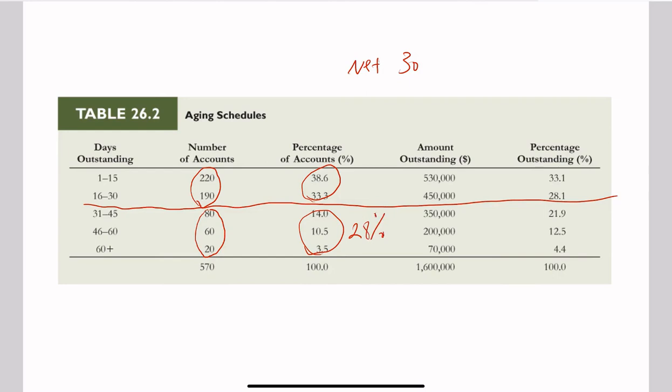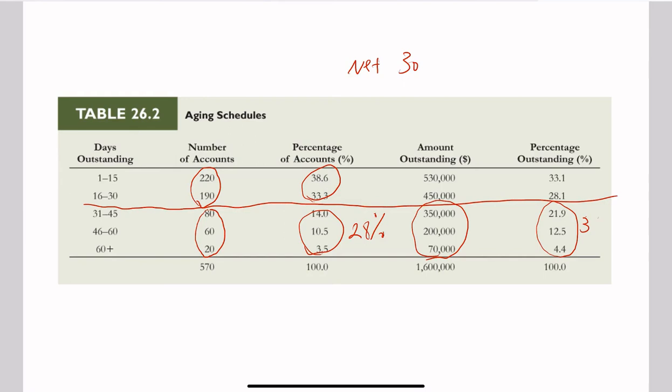And maybe more importantly, you want to look at the amount. And you can see that the percentage here is about, let's see, what's 30, I guess it's about 38 or 39%.